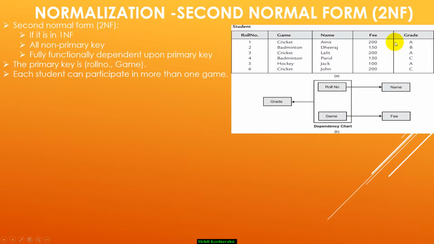As you see, all fields are atomic, but there are some anomalies. Why? The first is deletion anomaly. Suppose you want to delete student Jack. Here you lose information about the game hockey because he is the only player who participated in hockey.